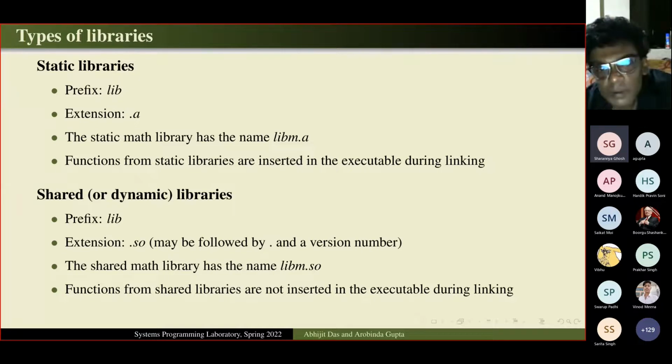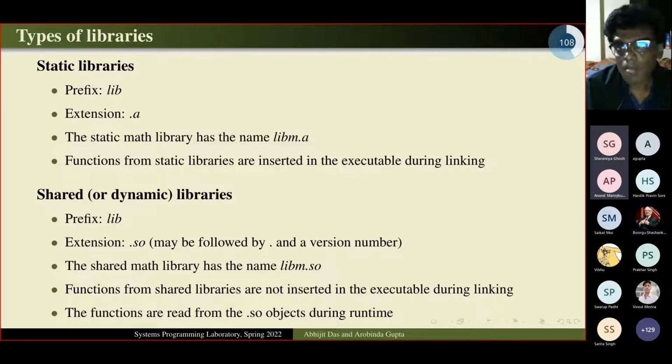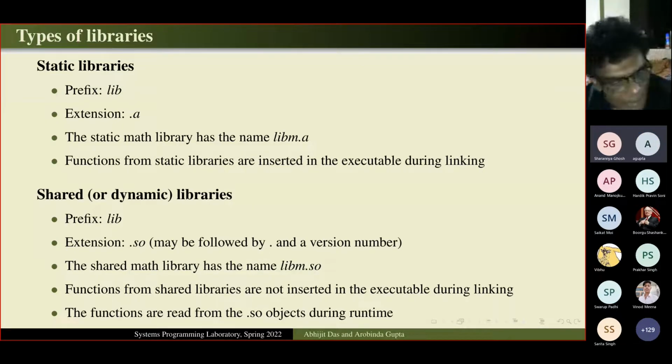Sir, can a program or an executable edit a library? Once it is precompiled, how are you going to change it? You change only the source files. But there is a thing. There are calls to add something to the library or delete something from the library. We will not do this in this class.